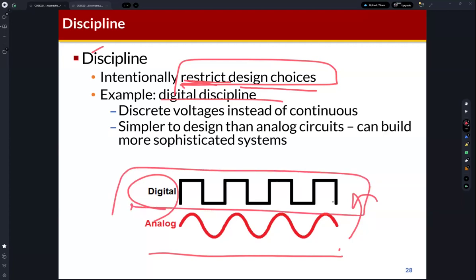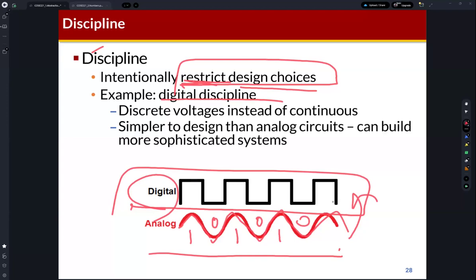But actual signals look like this, like a continuous waveform. But we just understand, oh, this part is 1, this part is 0, 1, 0, 1, 0, because this is a low value.